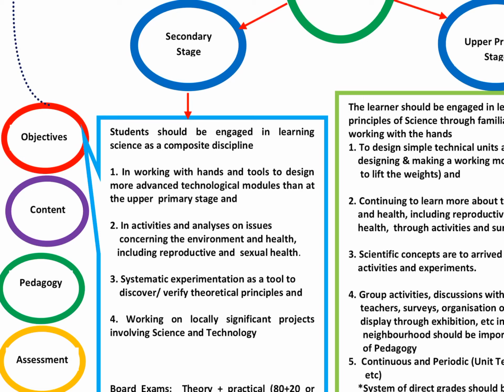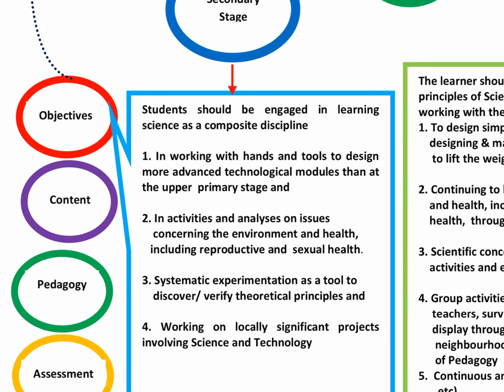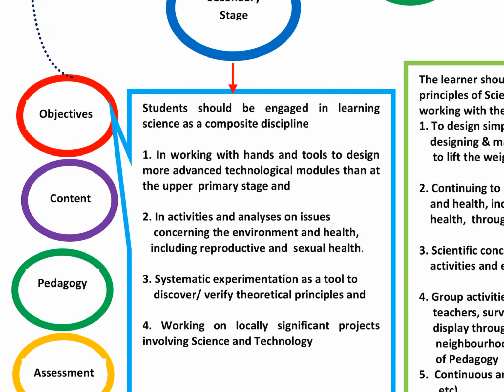So here it is very clearly mentioned that students should be engaged in learning science as a composite discipline. Composite discipline means here science, physics, chemistry and biology, it has to be integrated form.